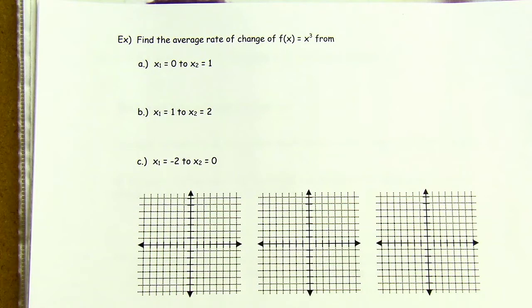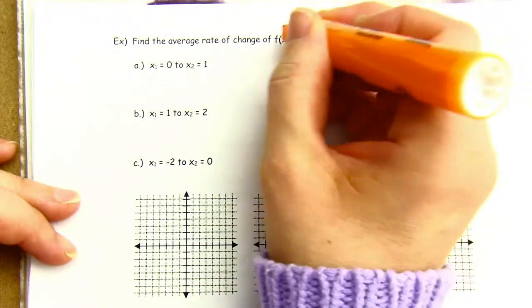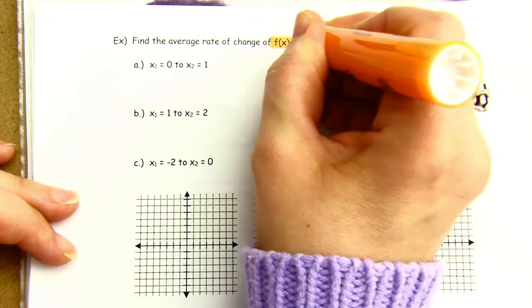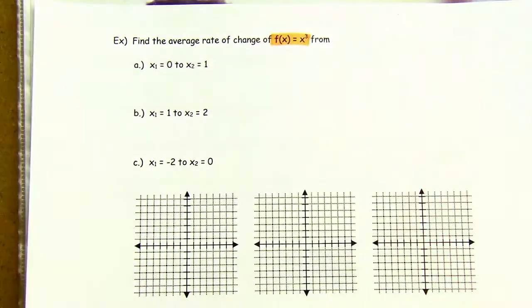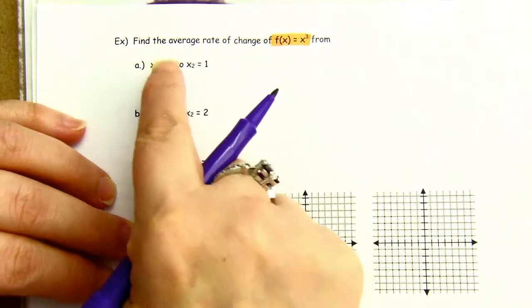All right, so find the average rate of change. I like to either circle or highlight my function because sometimes these are more than one term. This one happens to be just one term, x cubed. But sometimes there's more going on, so you're going to want to circle or highlight the whole entire function equation. All right, what do I have?